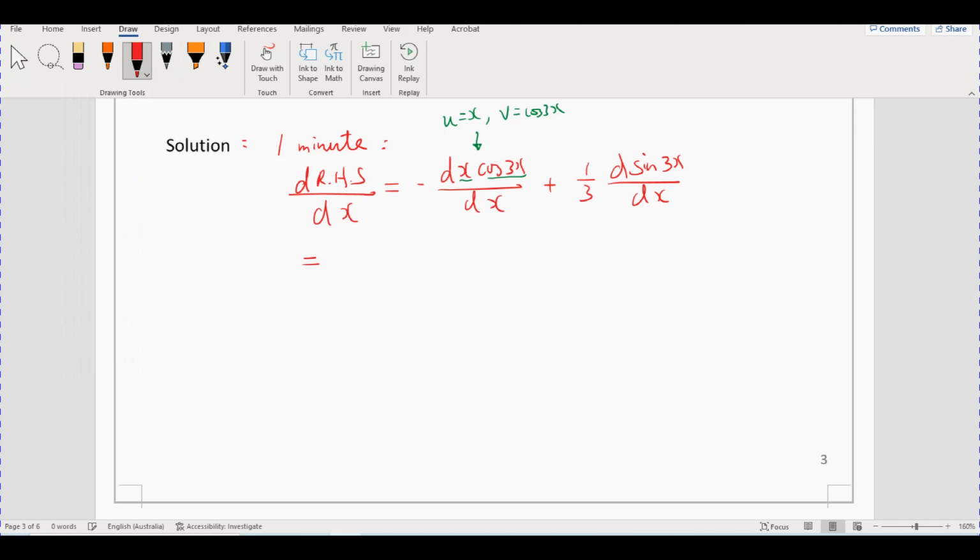Okay, so let's do it on the left hand side first. I'm going to write minus. Remember, you need a bracket. Give it some room to write the product rule. And for the second part, you just need that chain rule. Okay, for the first part, let's go with the product rule.